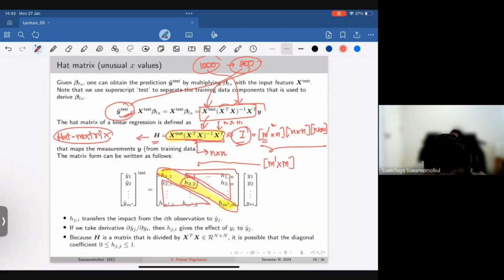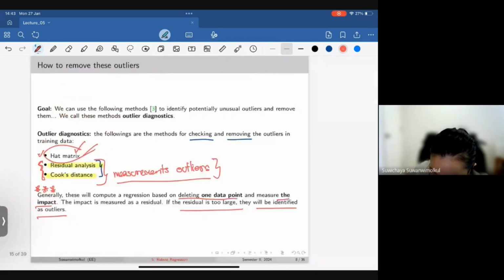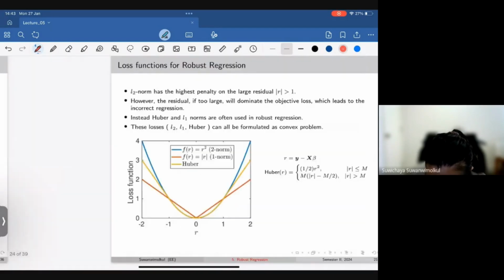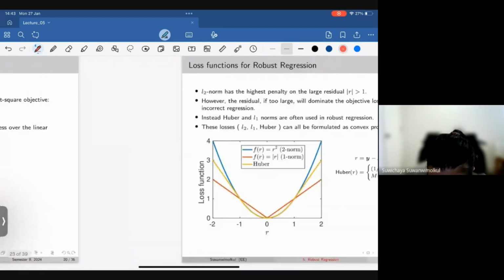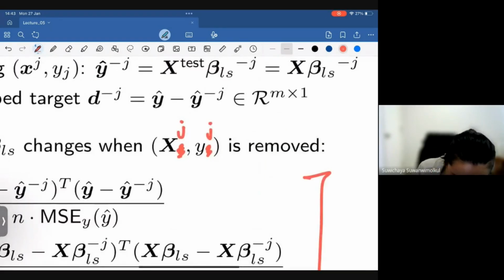Oh, it's subscript, sorry. For J sample, I use subscript. Okay, so it's J sample is supposed to be like this.